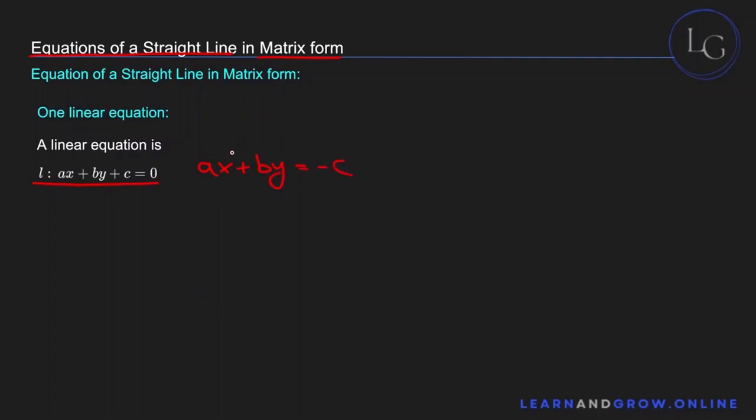Now, you need to separate A and B into one matrix and X and Y into another matrix.